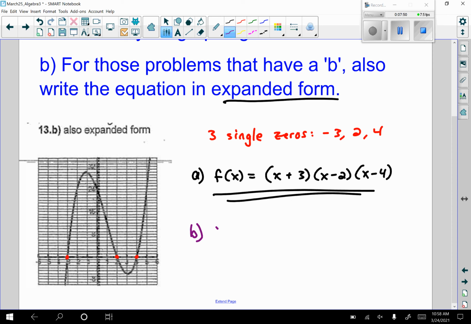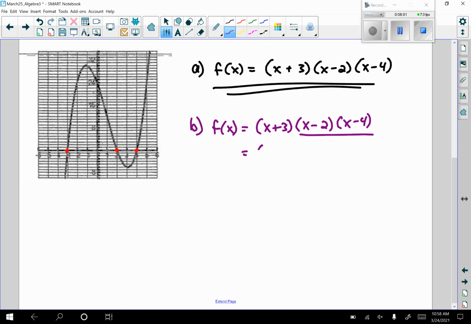Part B, we just want to multiply all this together. So again, I'm going to go with the last 2 binomials. I want to multiply those together first. So we have x squared. Outside will give me a minus 4x. Inside will give me a minus 2x, and then we'll get a plus 8.